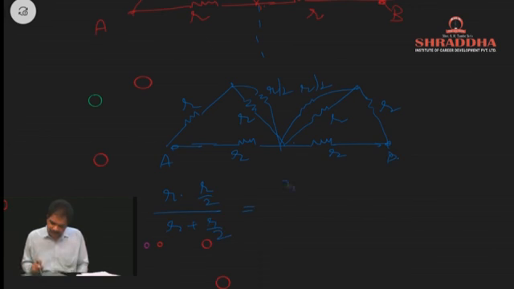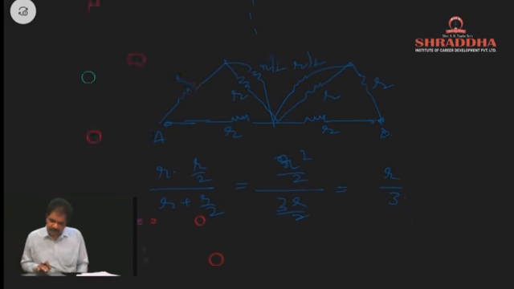So 3R square by 2 by 3R by 2. This value is R by 3.